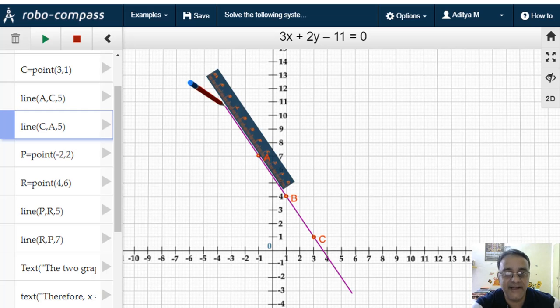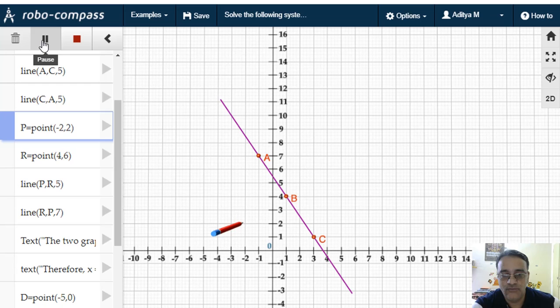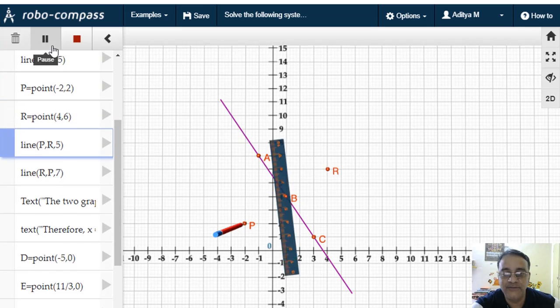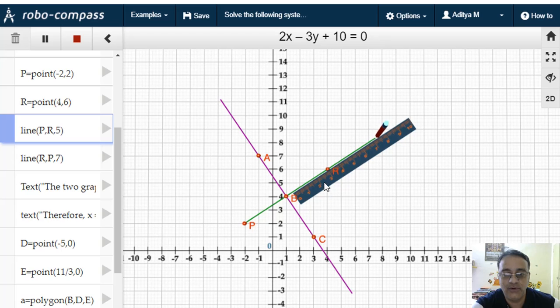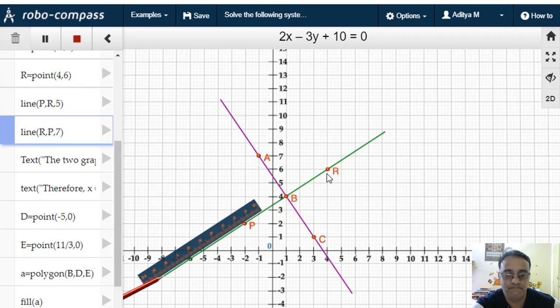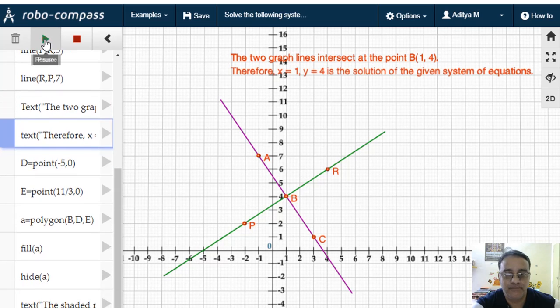Okay, now the second one जो है वो है -2, 2 and 1, 4 and 4, 6. ठीक है. So what we are observing, the two graph lines intersect at point 1, 4, that is B. Therefore x is equal to 1 and y is equal to 4 is the solution of the given system of equations.